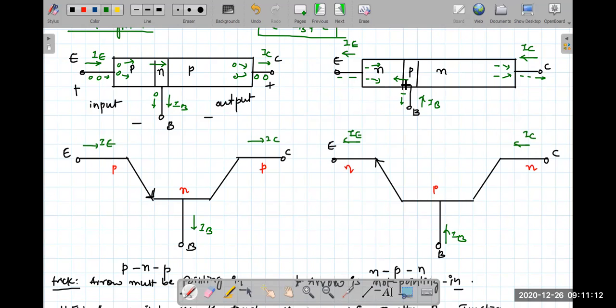Yeah, I'm not disagreeing with that. Holes are also taking part in conduction. Here most of the conduction is because of the holes. There are electrons also taking part in the conduction. The minority charge carriers also take part in conduction, but their contribution is less.